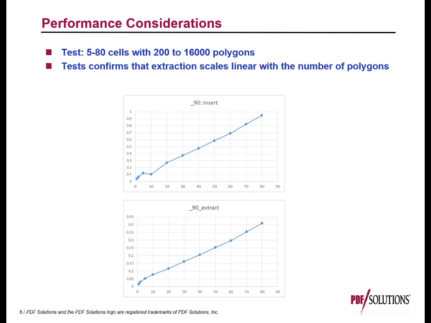The insert is a little slower than the extract, so the extract is about 0.1 second here for 16,000 polygons. And this was not on a high-performance server. It was just an older Core i7 workstation or desktop computer.